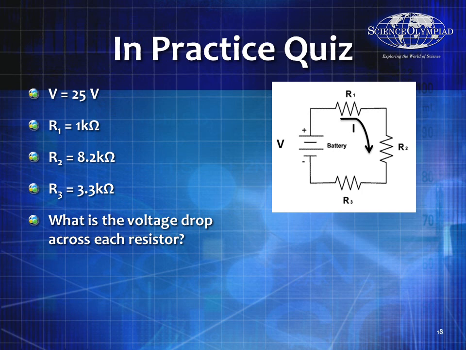Okay, and then if you look at these other two, I'm expecting to have a lot more voltage across R2 than I am across R3, because again, it's the higher resistance, and since the 25s cancel, okay, and the kilo ohms cancel, what's going to end up happening is that it's going to end up being 8.2 volts here and 3.3 volts there.